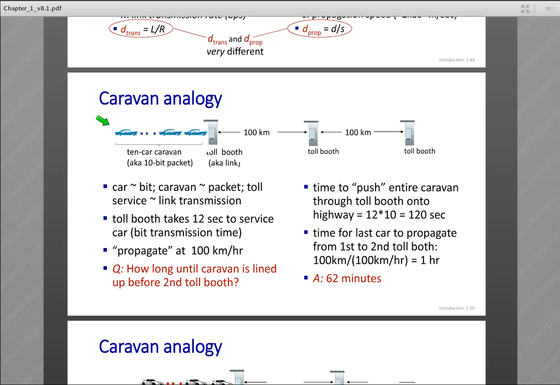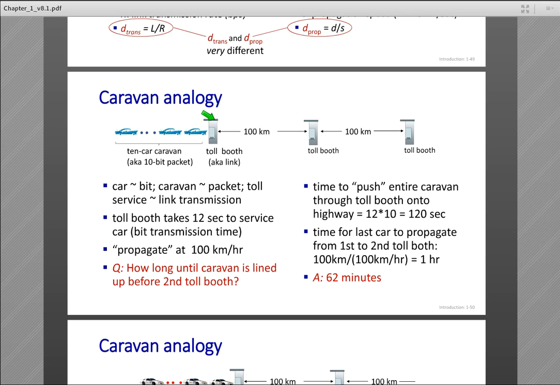Have a caravan. It consists of 10 cars in this caravan. Okay, there are 10 cars in this caravan, and this caravan wants to pass 100 kilometers between two pay-tool or gateway in a highway.